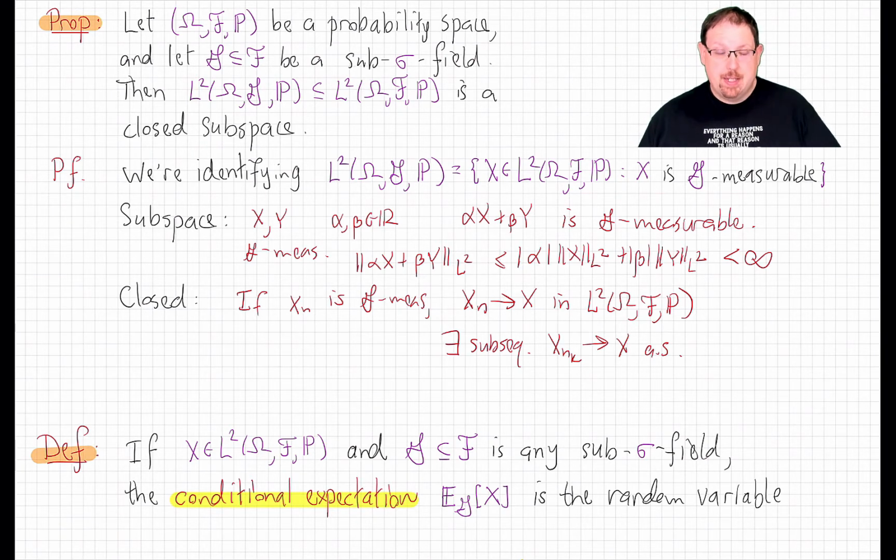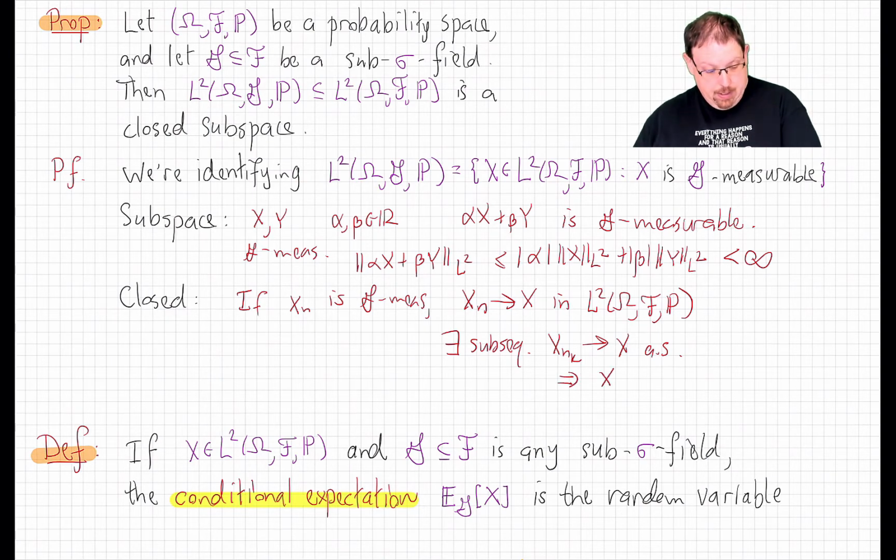But measurability is stable under almost sure convergence, and so it follows that x, the limit, is G-measurable.